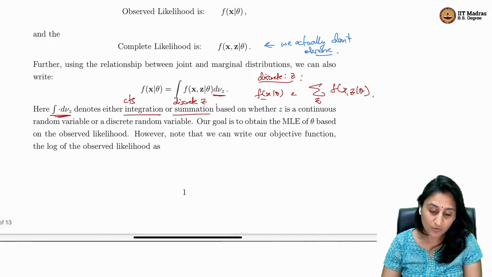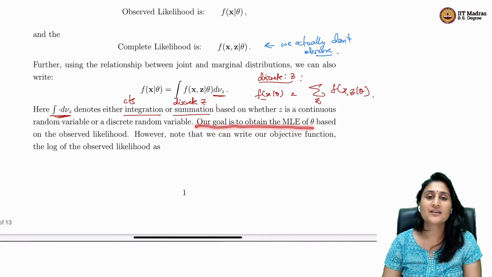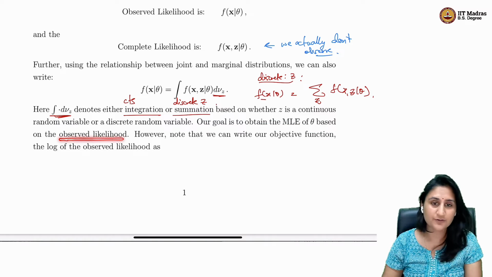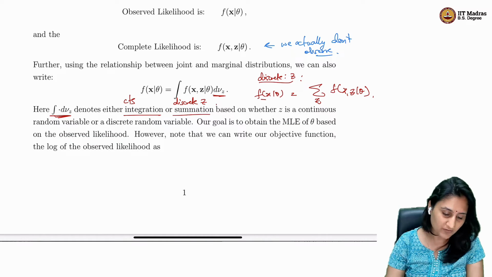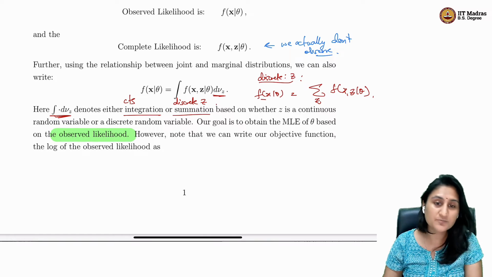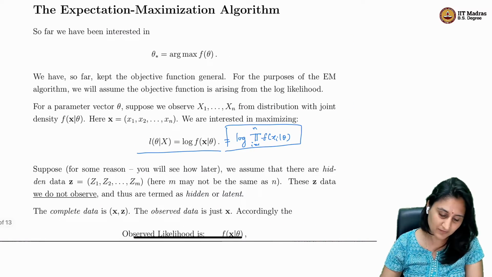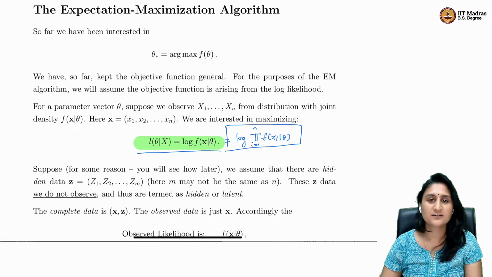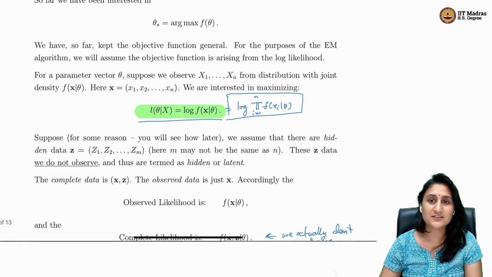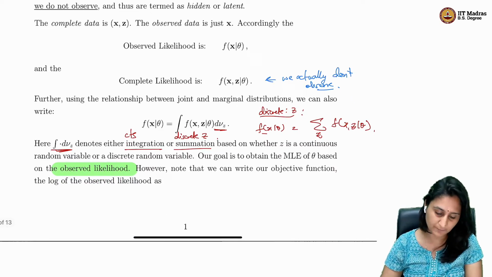Now, our goal is to obtain the maximum likelihood estimate of theta based on the observed likelihood. Okay, so over here, I am basing this on the observed likelihood only. So our goal is still the same. I want to obtain the maximizer of this part here, right? What is the theta that maximizes the log of the observed likelihood?